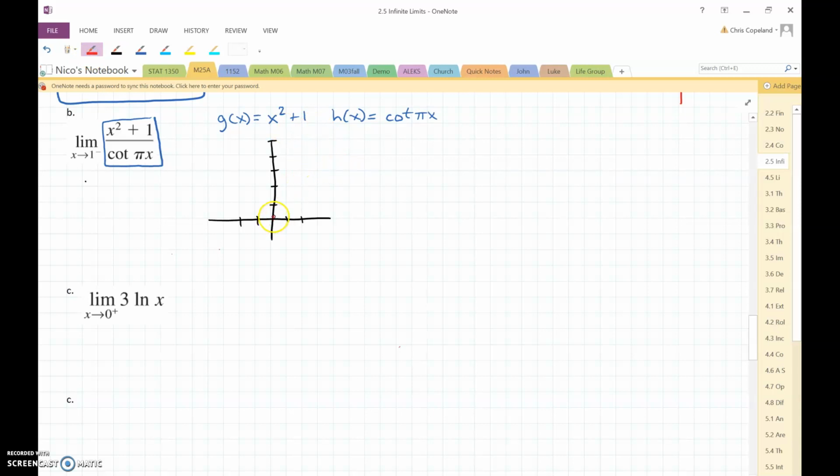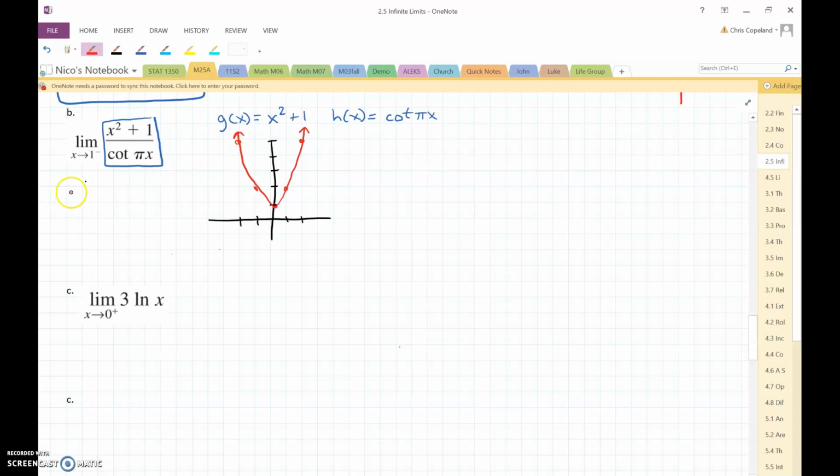Typically the vertex would be 0, 0 if it was x squared, but it's plus 1, so it's going to be shifted up 1 unit. You're also going to have a point here and there, and up here and there. You could do this by plotting points as well. But that would be the graph of that parabola.